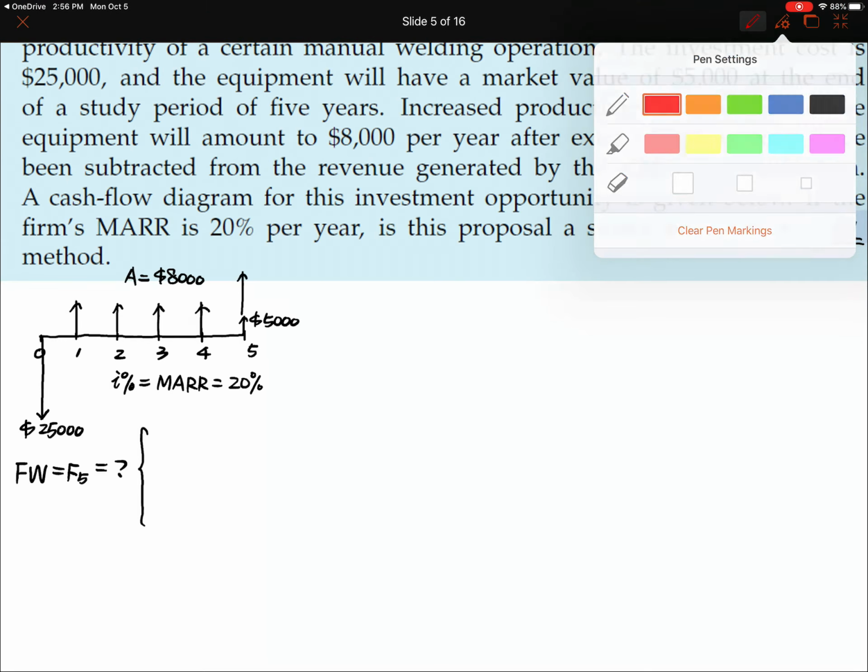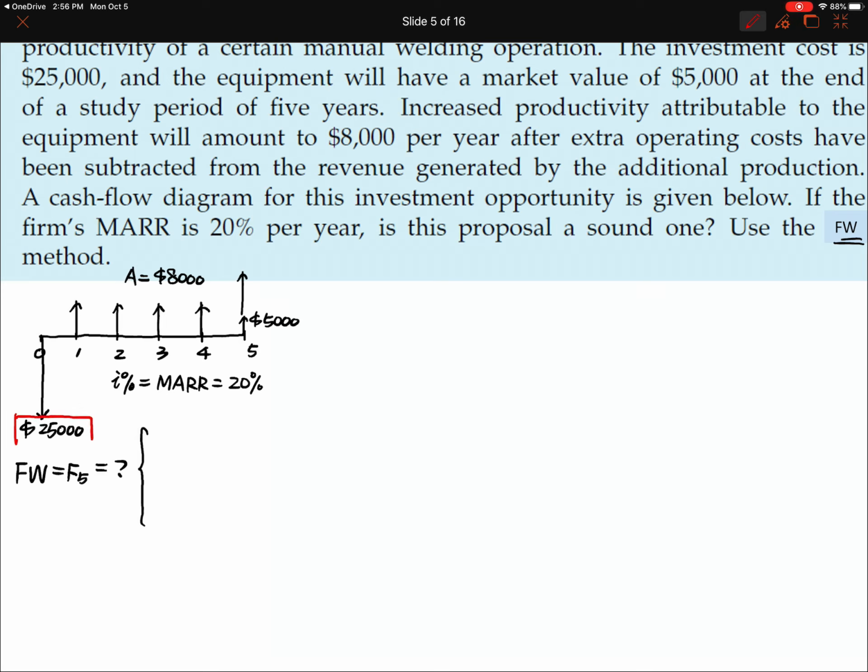First, we need to determine how many parts of that future value has. Okay, so we have this 25,000 initial investment at the present time. Okay, so we have FW part 1, which is from the 25,000, and it is the present value, okay?